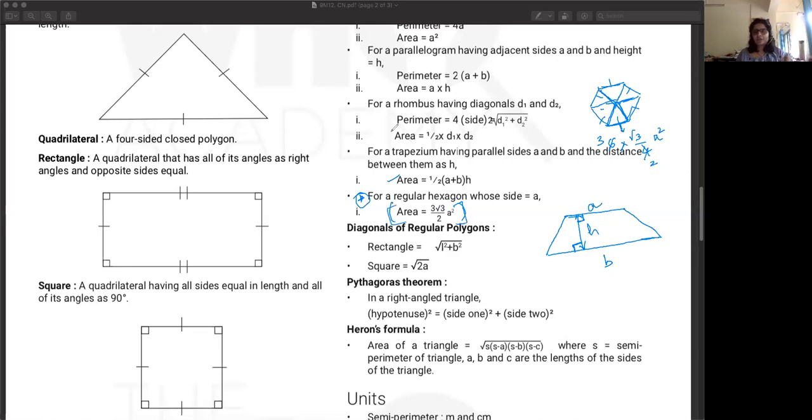Okay, but the trapezium one is important. Do we need to know the derivation of all these? Not all. Rhombus, it'll be good to know, like if you can't remember whether there is a half or not, then you can quickly do it in the rough.